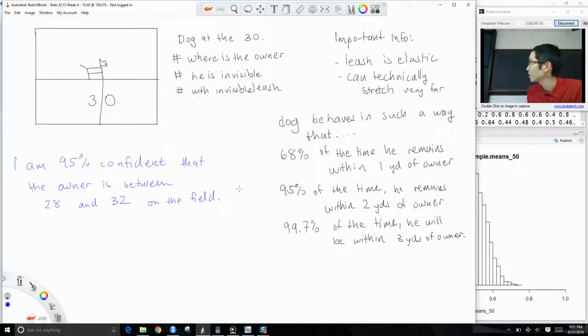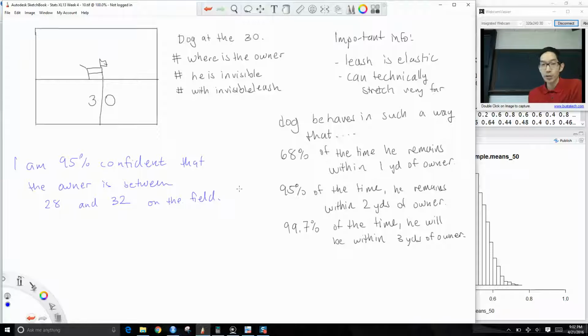Does that feel like a reasonable thing? Or I could be less confident. I can say, I'm 68% confident that the owner is between 29 and 31. Or if I wanted to be more confident, I would have to extend that. I could say, I'm 99% confident the owner is between 27 and 33 or something like that, right?